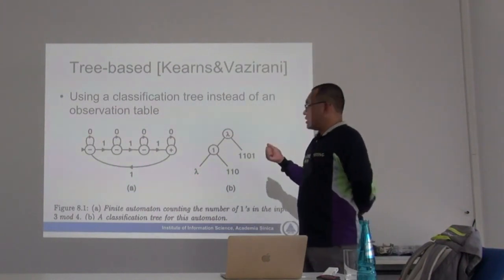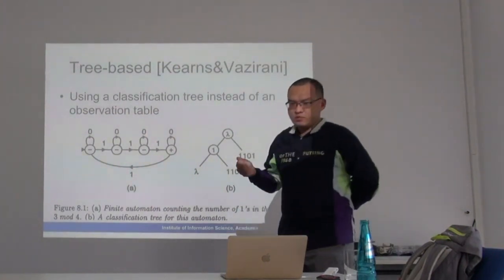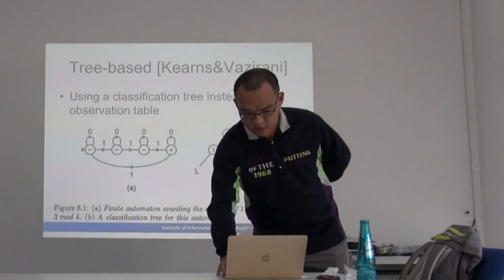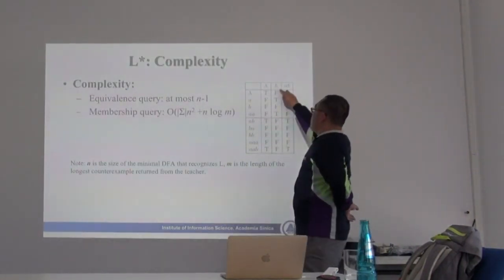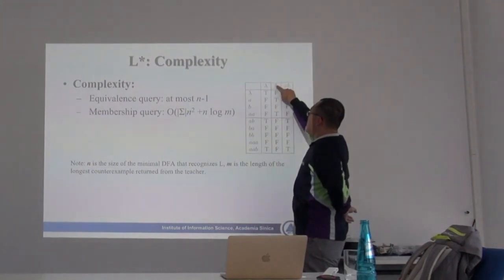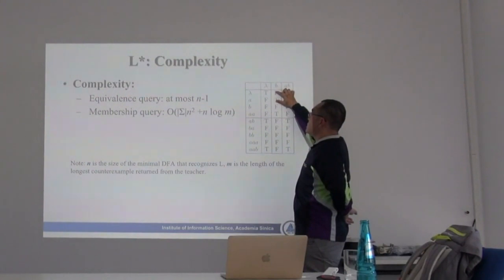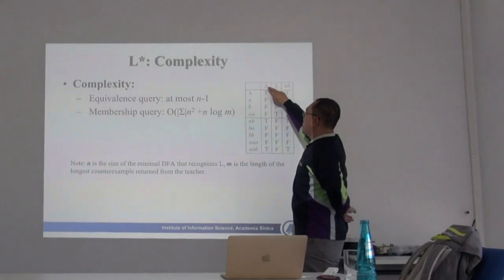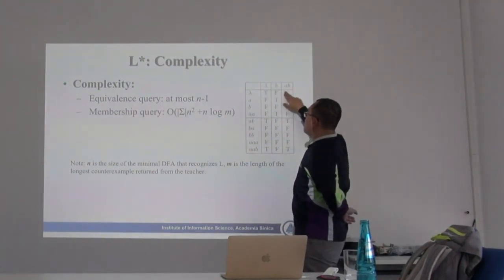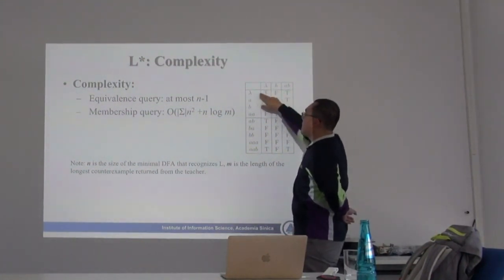And actually it's inefficient because, for example, here, it is enough to use B to distinguish that lambda and A are two different states. But we also tried more than this. We also tried to attach AB to lambda and A, and to attach lambda to AB and A. These are actually not necessary to distinguish that lambda and A are different states.